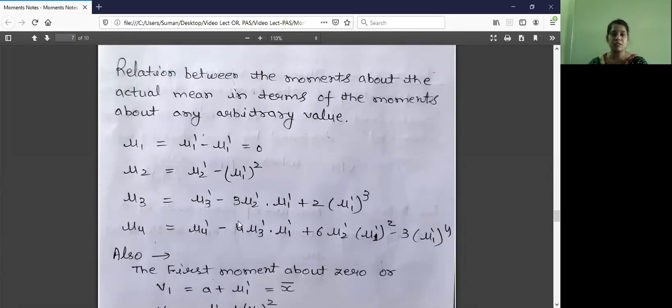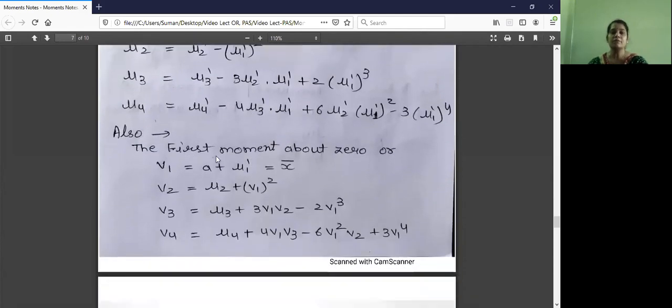You already know these four values according to our table. Then we put all these values in the four equations and we get the first four moments about our actual mean. So these relations are very important. No doubt the fourth equation you can ignore, but we find mu1, mu2, mu3.